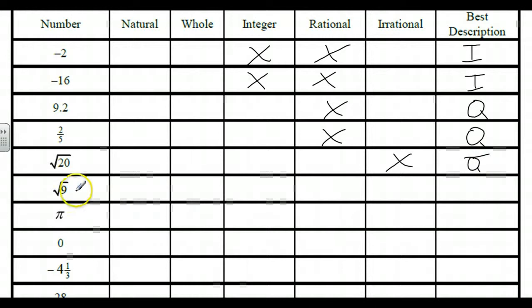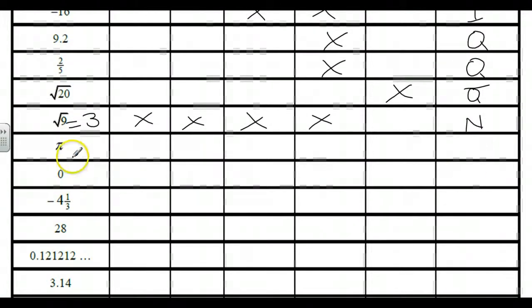Root 9 is 3, so it's natural, and it's whole, and it's an integer, and it's rational. But the best way of describing it is its most restrictive set, which is natural. Just to describe it any other way would be unnatural. Pi, irrational.